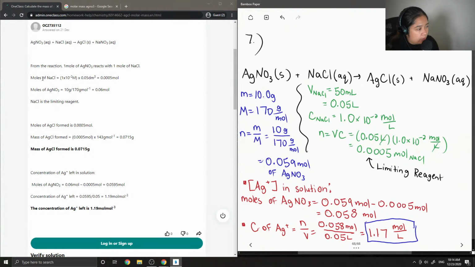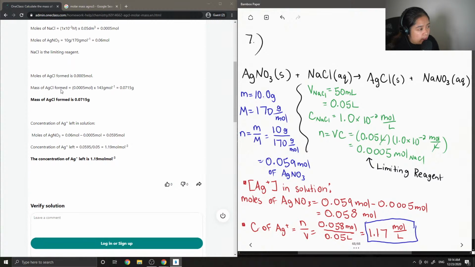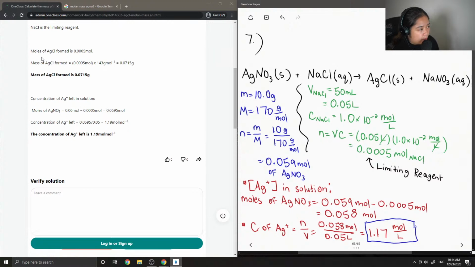So they found the moles of sodium chloride by doing concentration times volume to get 0.0005 moles. For the moles of silver nitrate, 10 grams divided by 170 grams per mole gave 0.06 moles. Therefore, sodium chloride is the limiting reagent.